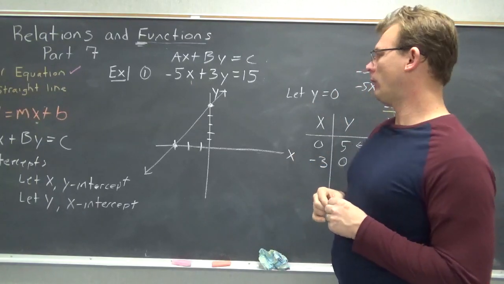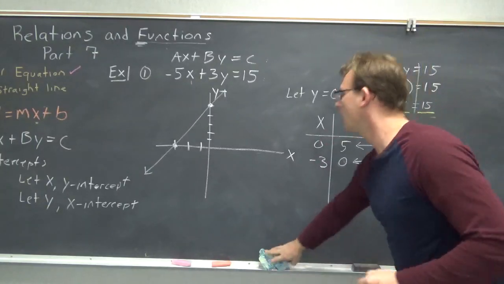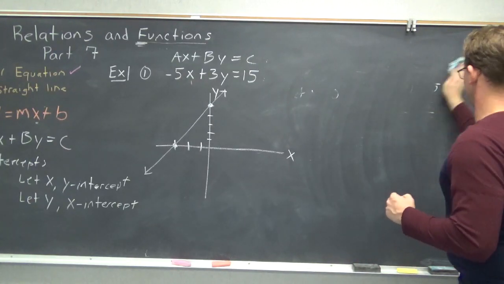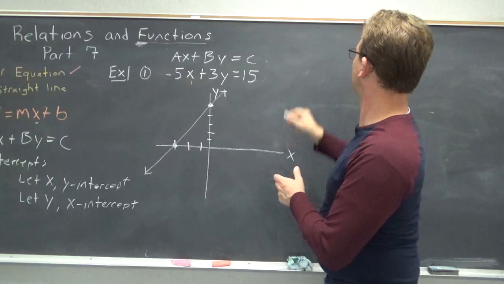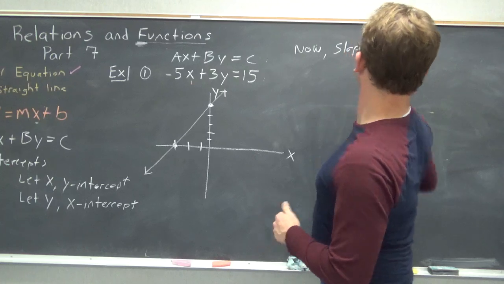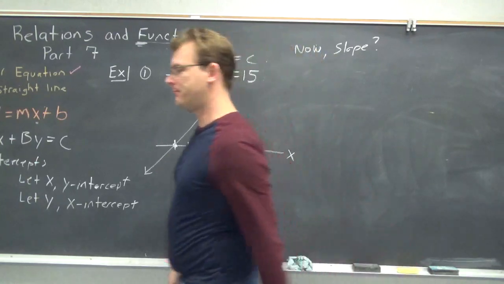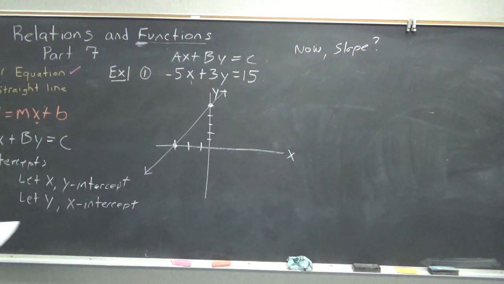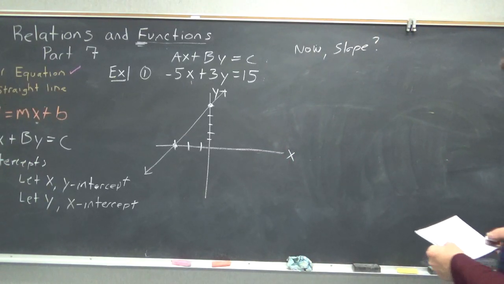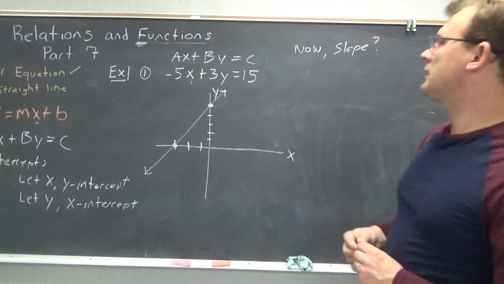So what if we wanted to find the slope of this line? Now, erase this. What about the slope? How would we find the slope from this graph? There's two ways we can do this.